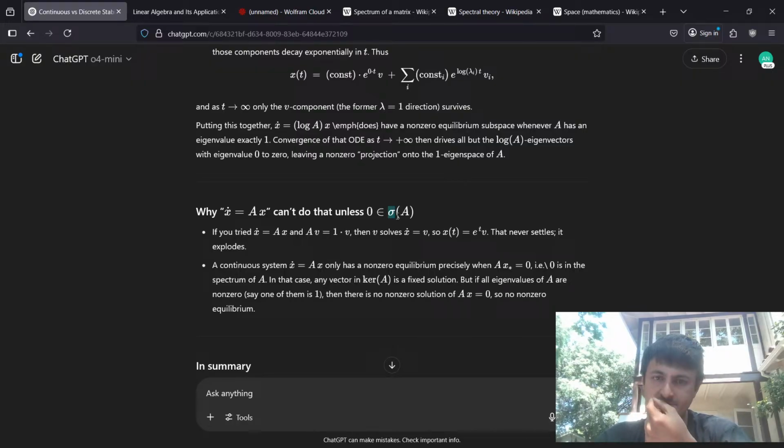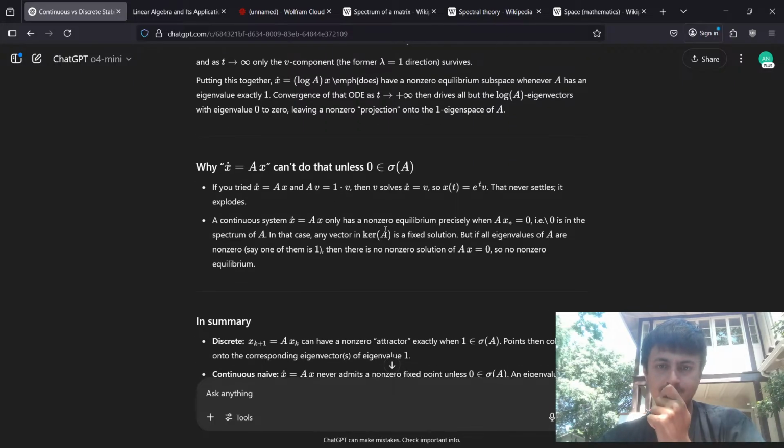Is sigma null space? What does that even mean? Oh, this is the image. This is the image function, I think. Oh no, that's the spectrum.